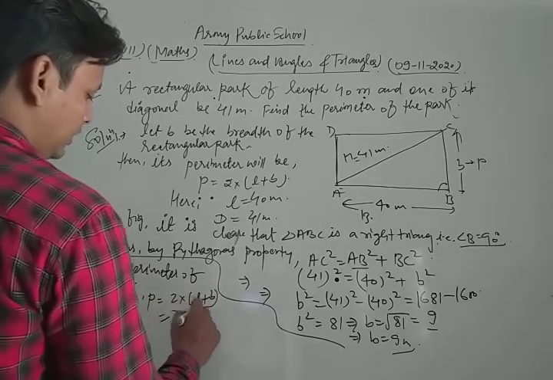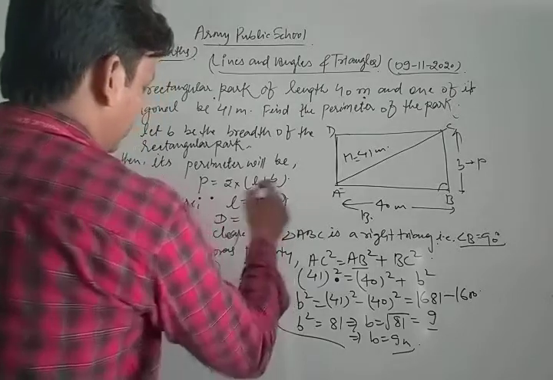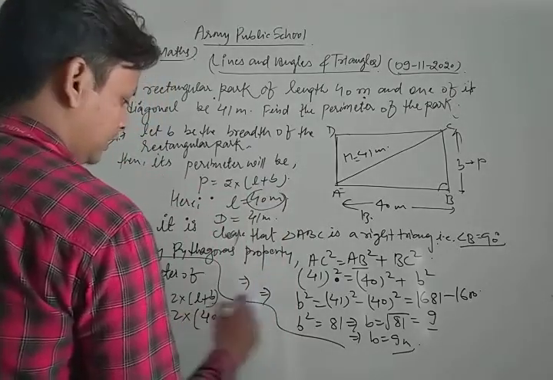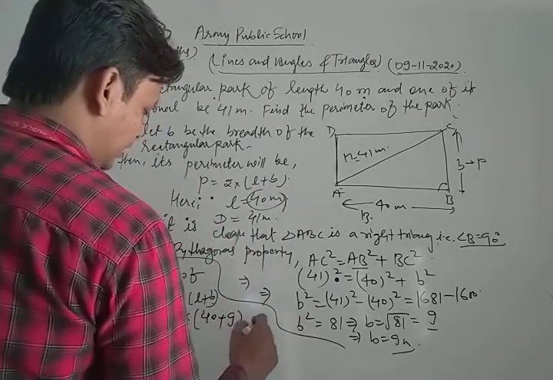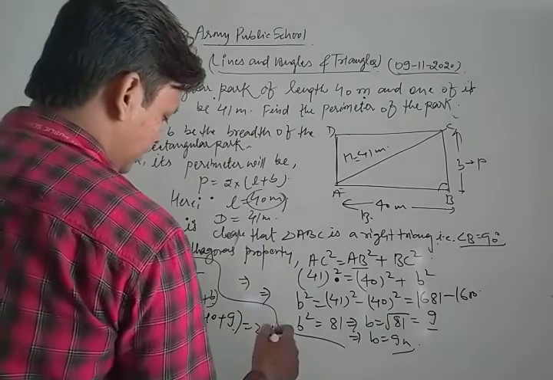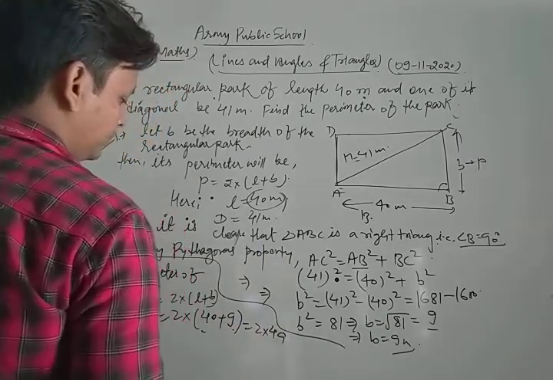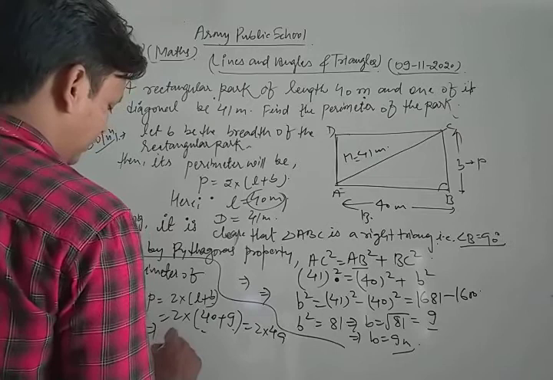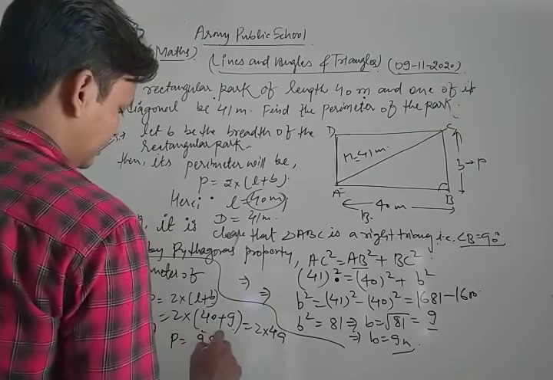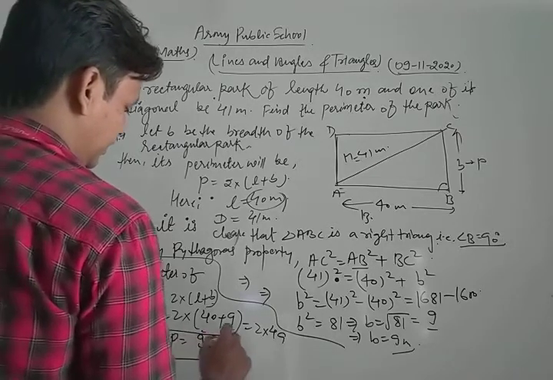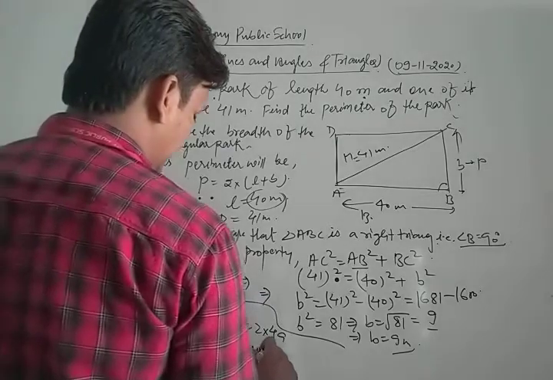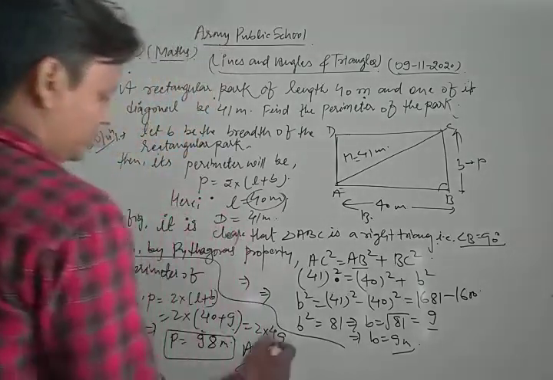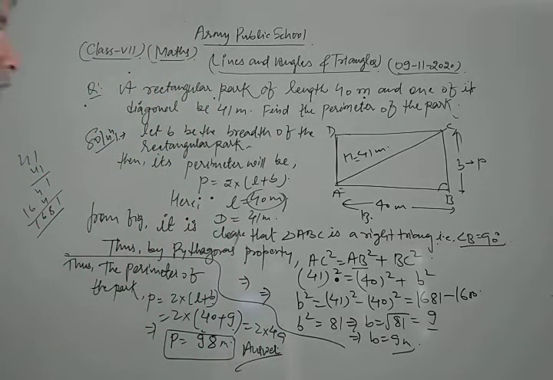That is 2 into length, length is 40, plus breadth is 9. That is 2 multiplied by 49. That is 98. Then the perimeter of the rectangular park is 98 meter. This is our required solution of the given question.